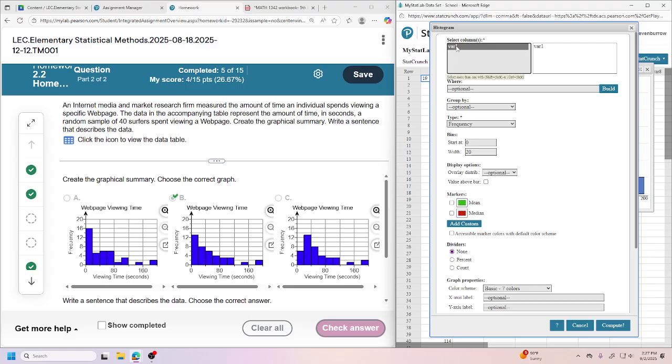So if you go back to the graph histogram, var1, and then right here it says start and width, that's what I changed to 0 and 20 in this case. Is that making sense? Yep, 0 and then a width of 20. What's up?